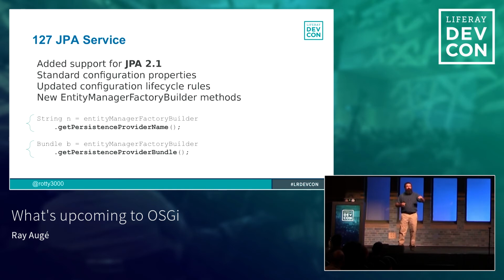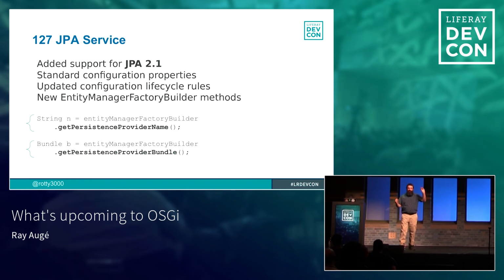And then because there are standard properties, a life cycle for the updates of those properties had to be added into JPA so that when you modified those properties, you could understand how that's going to affect all the modules that you have that are integrated with the JPA services, like the entity managers and whatnot.